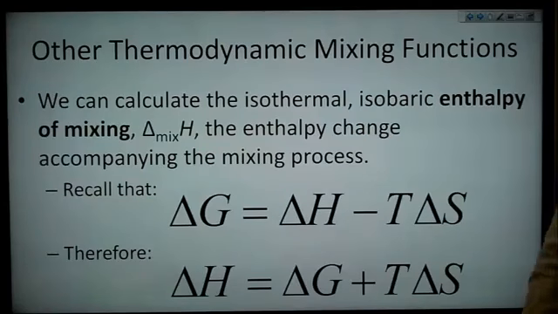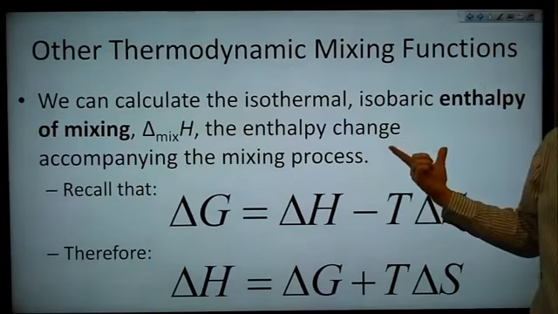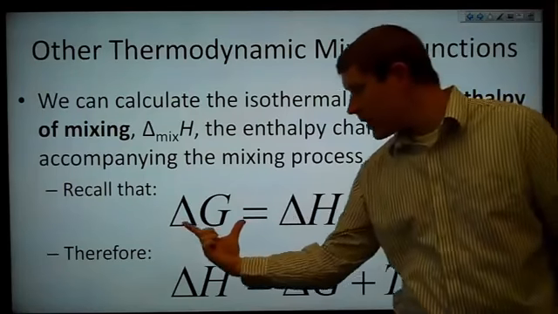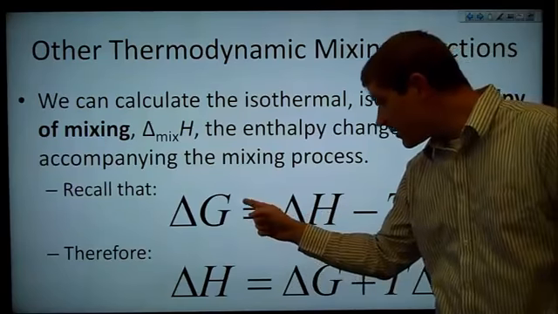So we can now calculate the isothermal isobaric enthalpy of mixing, delta mix H, which is the enthalpy change accompanying our mixing process. And remember that the Gibbs energy is defined, this is the definition, right?